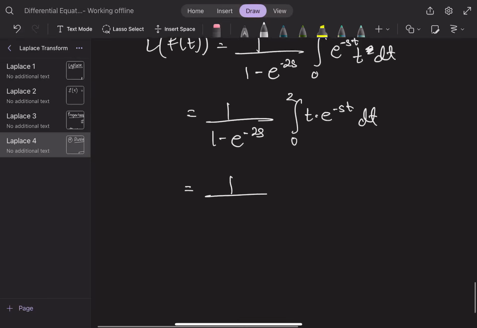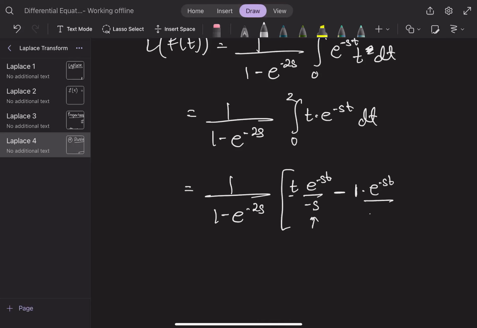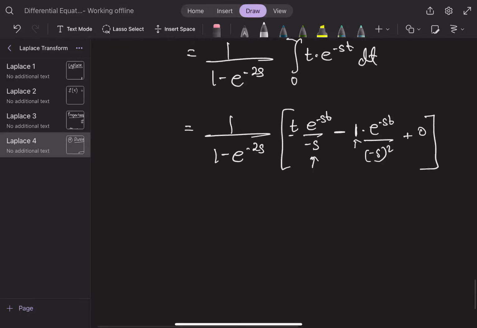First you write the first function, integrate the second, minus differentiation of this one and integration of this becomes e raised to minus st divided by minus s square, plus differentiation of this becomes 0, so you do not need the rest, and the limits were 0 to 2.